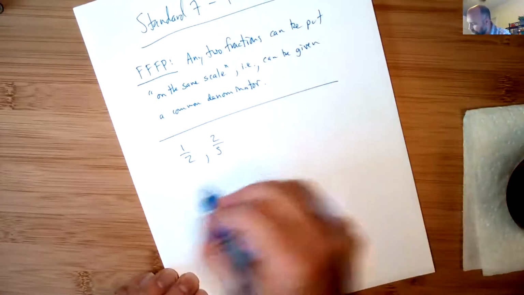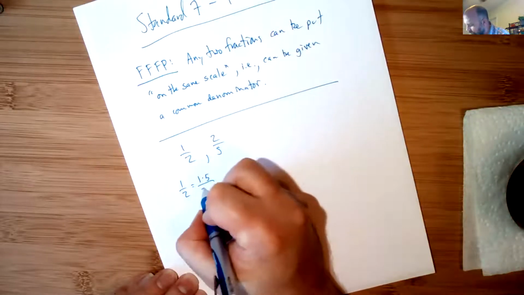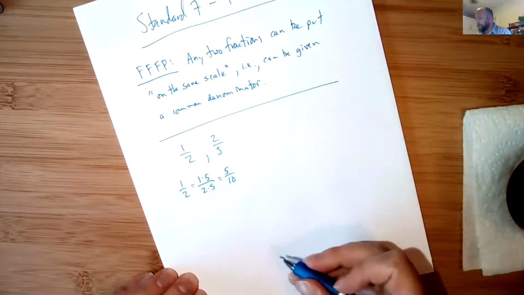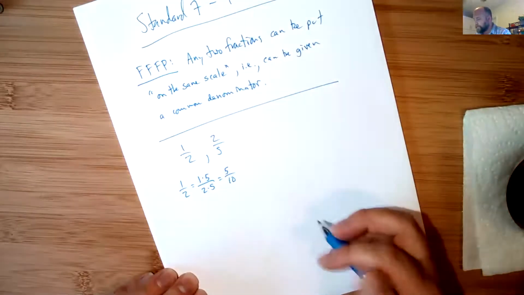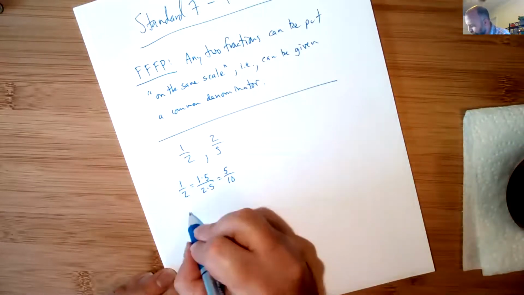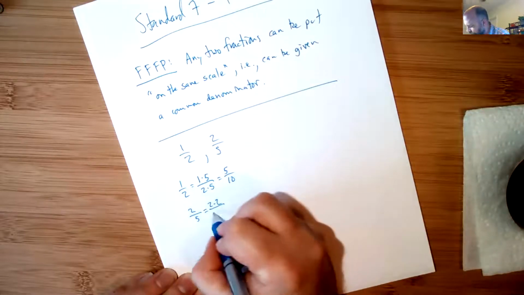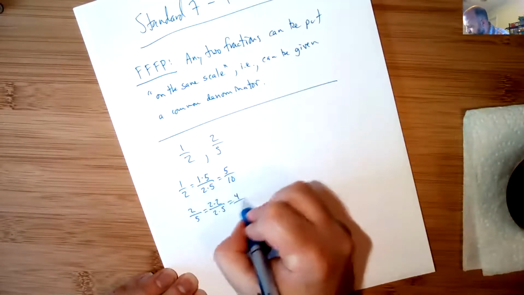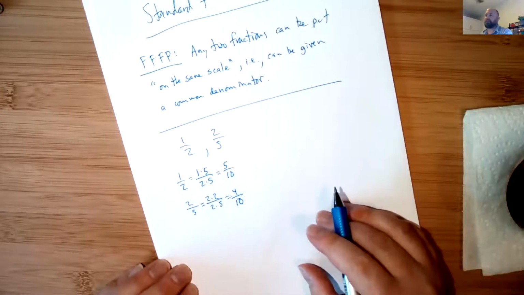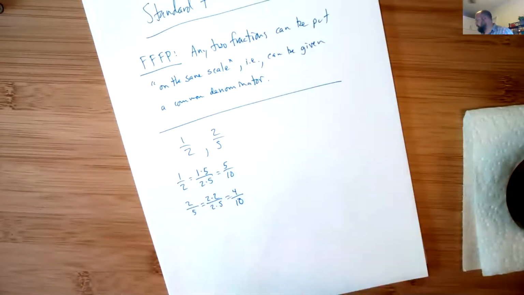So let's multiply 1/2 top and bottom by 5, and 2/5 top and bottom by 2. And now these two fractions have been put on the same scale. So we can add them, we can compare them.